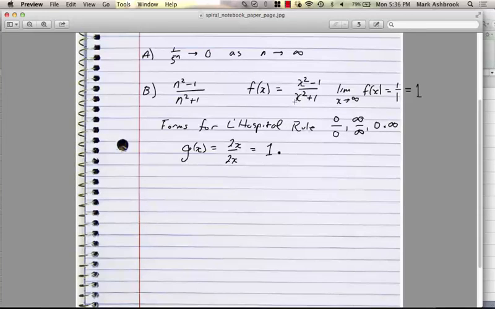So it's 1. So the limit equals the limit. And so that limit for the g function, the function we found by taking the derivative of the numerator and the denominator, is 1. Therefore, the limit of our sequence is 1.